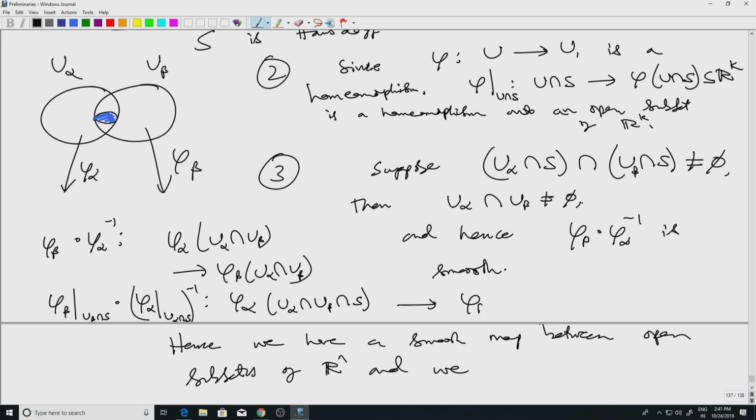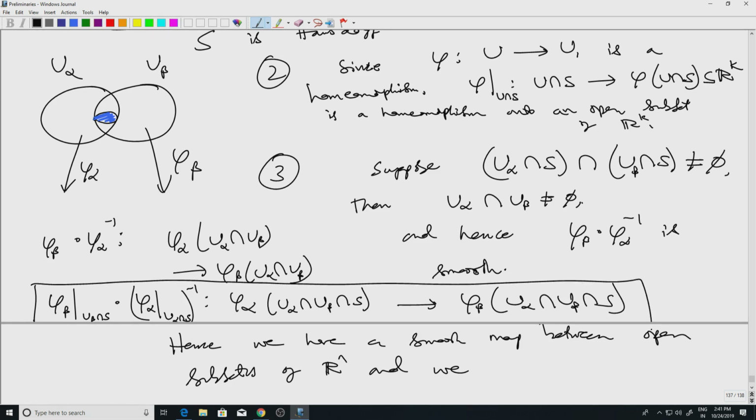Everywhere just intersect with S. So we are interested in knowing whether this map is smooth, knowing that the bigger map is smooth, the map between the smaller subsets. Actually, let me use the blue part. It will show this very clearly.